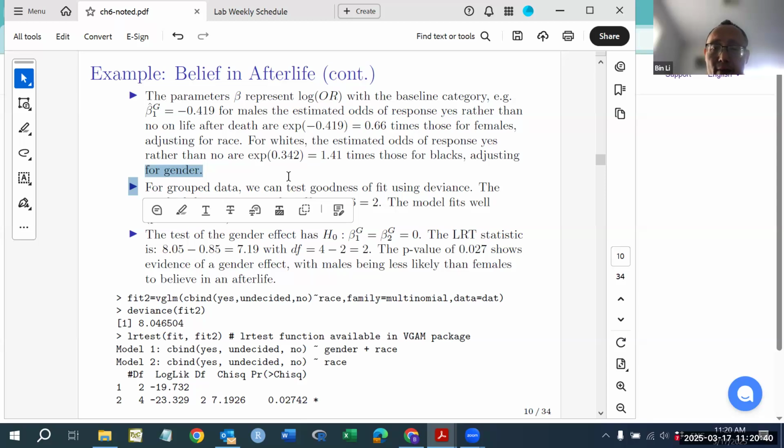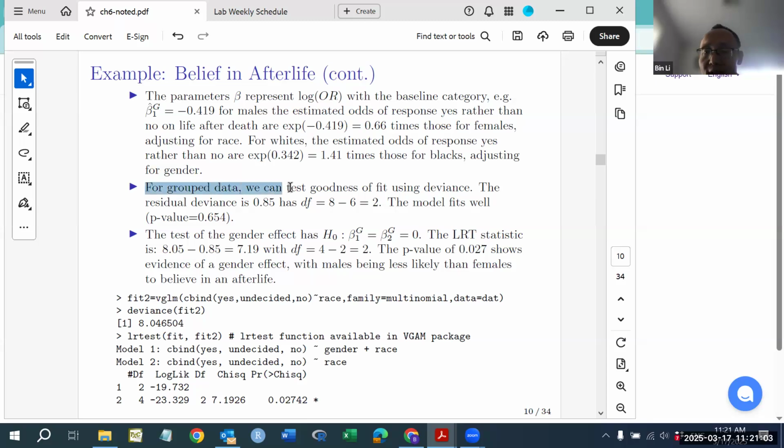So that means white people tend to believe in life after death compared to black people. Females tend to believe in life after death compared to males.